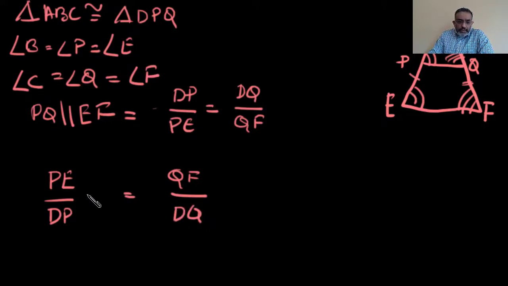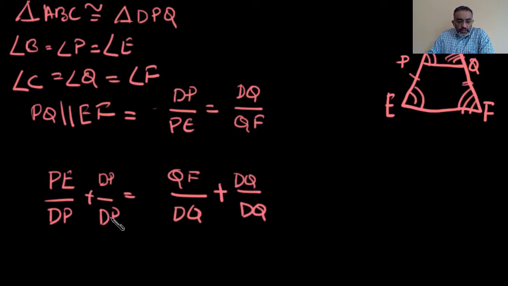Now let's add a 1 to this side, and the 1 will be represented as DP by DP, and on this side we will add the 1 as DQ by DQ.